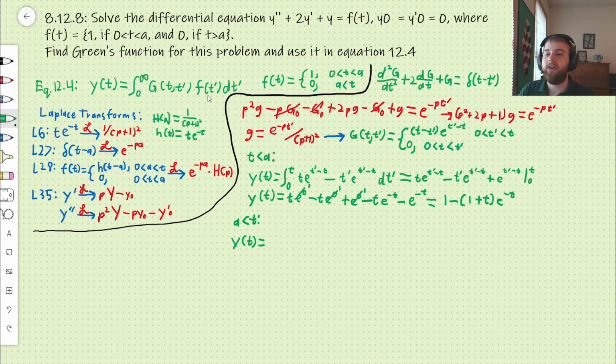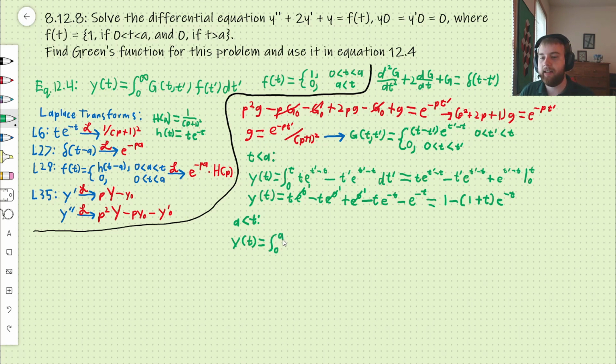Okay, so now that t is greater than a, this force here is 1 all the way from 0, not to t, but 0 to a. So this multiplication here only has value from 0 to a, because beyond a, our force is 0 and it cancels out the other part.